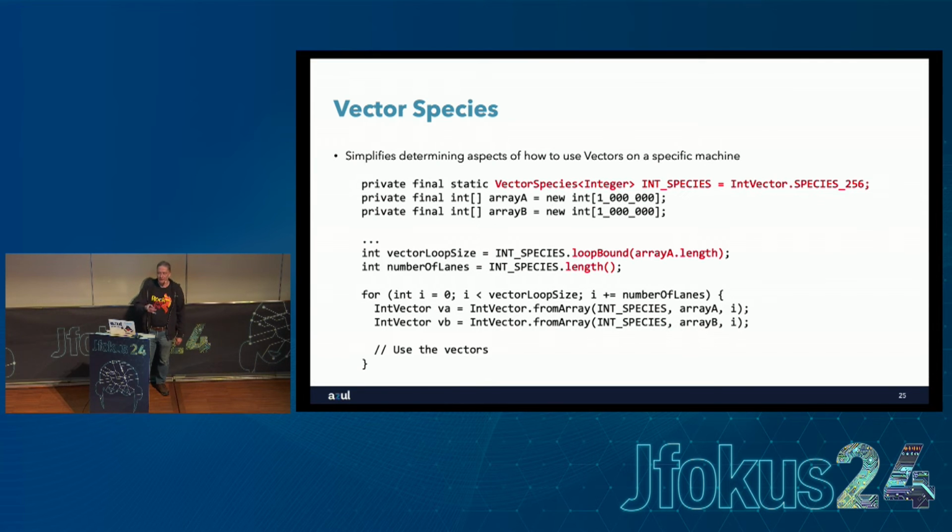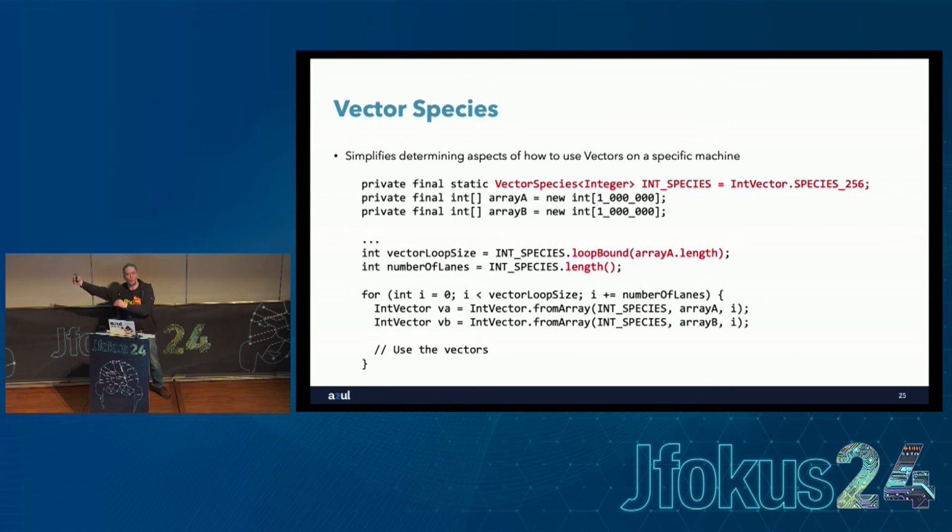So we use that, and then we have our loop where we loop through the array, use the vector loop bound to indicate how many iterations we'll have, and use the number of lanes as our stride to move through. Then we create vectors from that, saying we'll create an int vector using the IntVector fromArray method, pass in the species so it understands what we're using in terms of the vector, pass in the name of the array, and also pass in the index into the array so that we can start populating from that point.